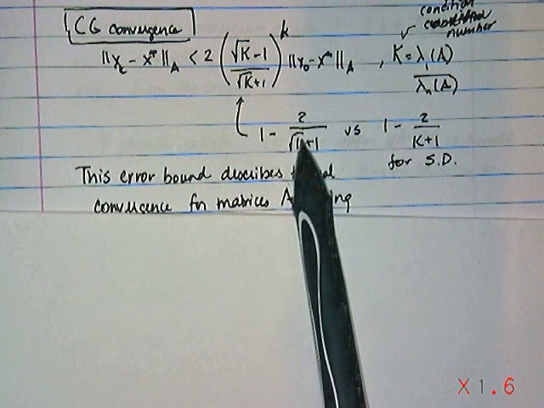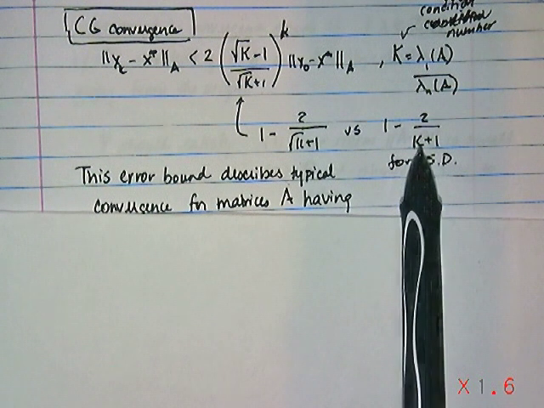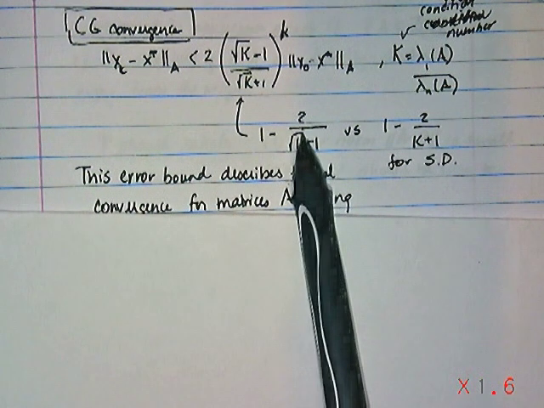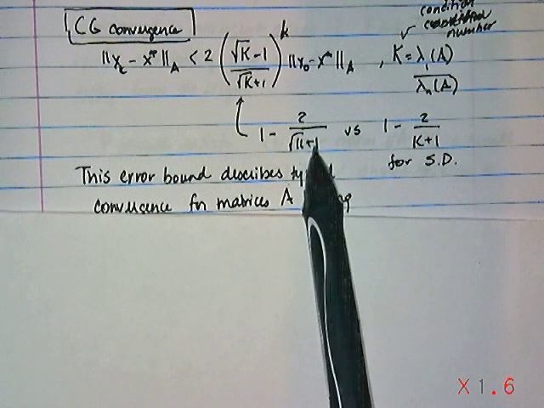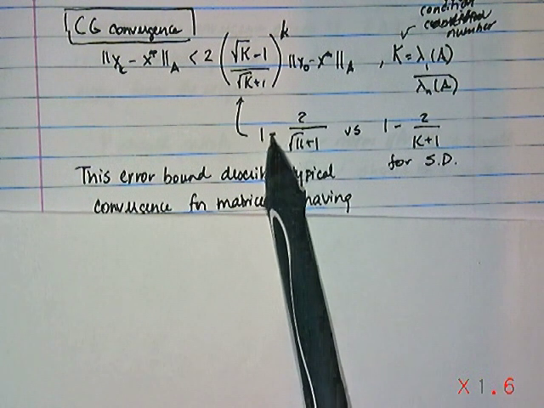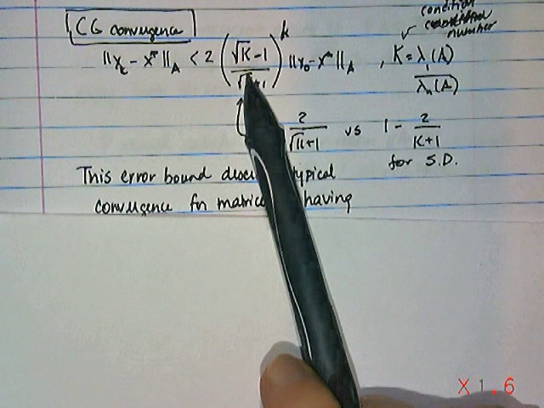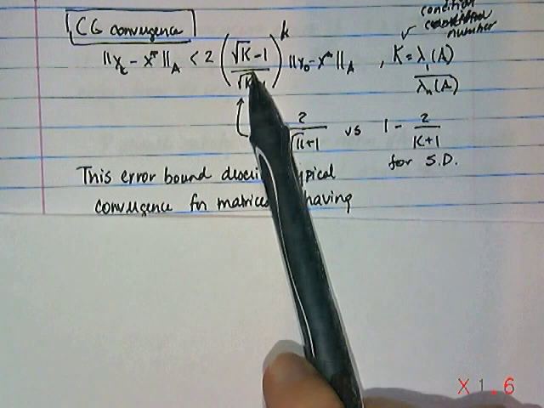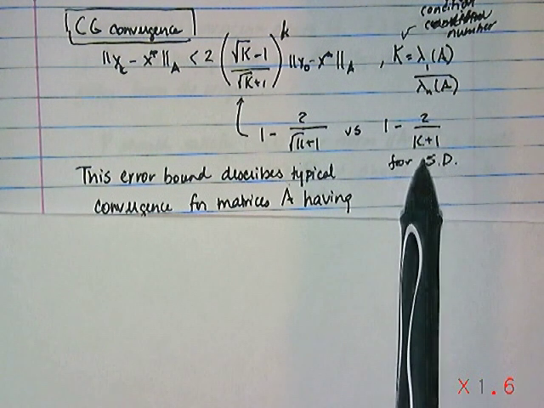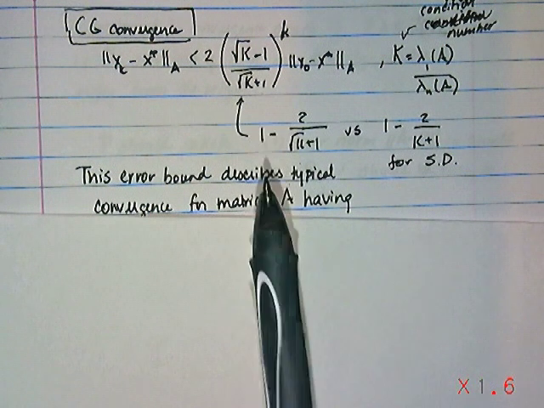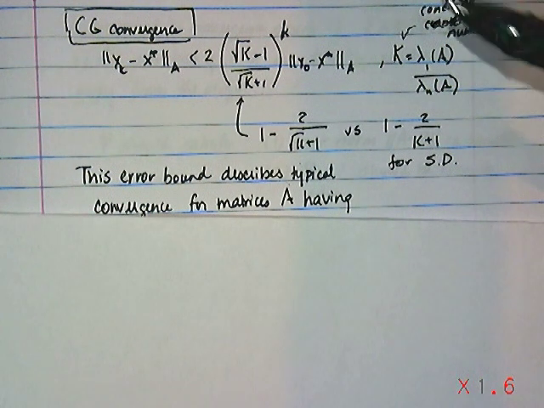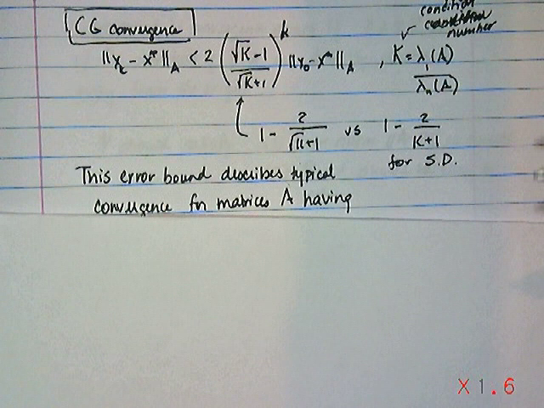So you see a significant difference between K here and the square root of K. The square root of K divided into 2 is going to provide a much larger number to subtract from 1, meaning this will drop significantly below 1 for conjugate gradient, whereas it may not with steepest descent. So the square root of the condition number is key here, not just the factor of 2 out there.